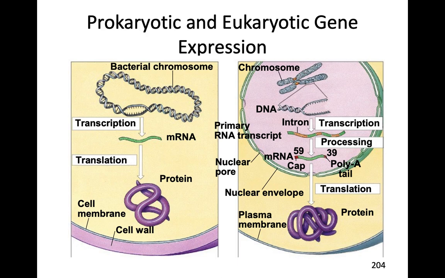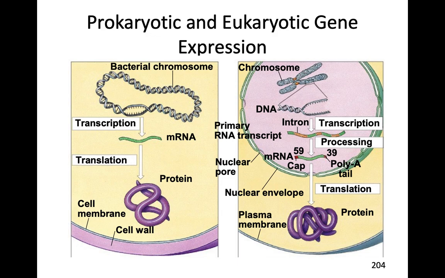So those are the 5 main differences. Number 1, prokaryotes don't have introns. Number 2, many genes are encoded in the mRNA of prokaryotes. Prokaryotes don't have a nucleus, and so that changes the location of where all this is happening. There's no 5' cap that's recognized at the initiation of translation in prokaryotes.